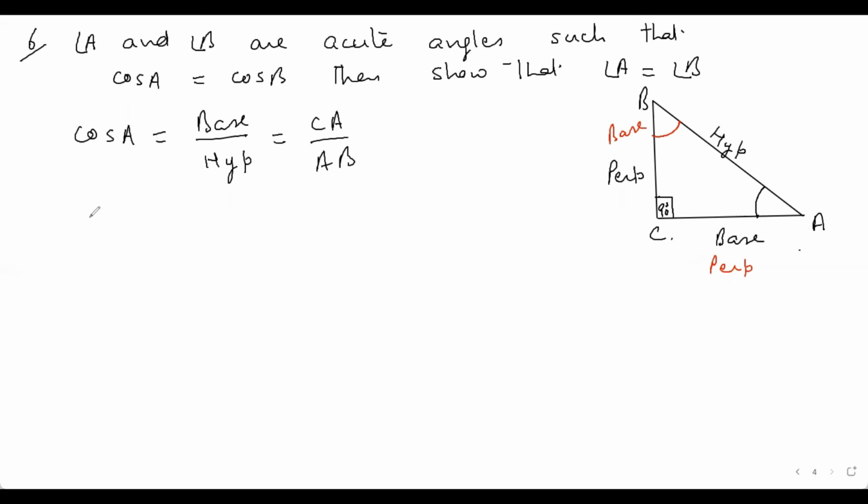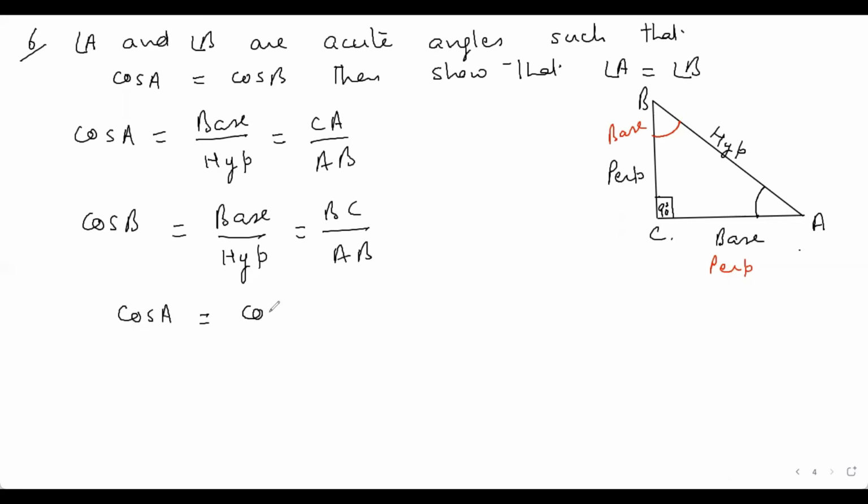If I am to talk about cos B, again, this is base upon hypotenuse. But now base is equal to BC and hypotenuse is AB. Now cos A is equal to cos B. It means CA upon AB is equal to BC upon AB.